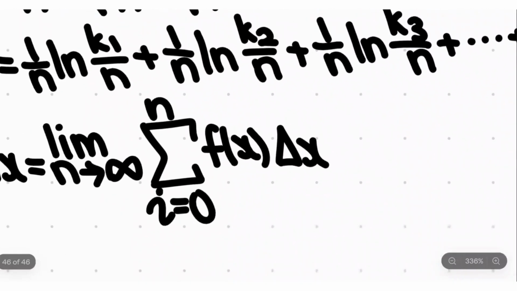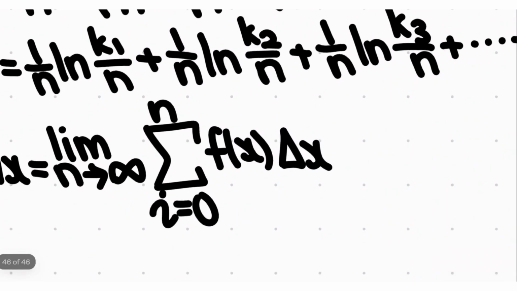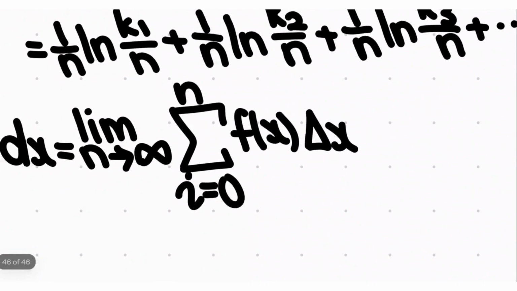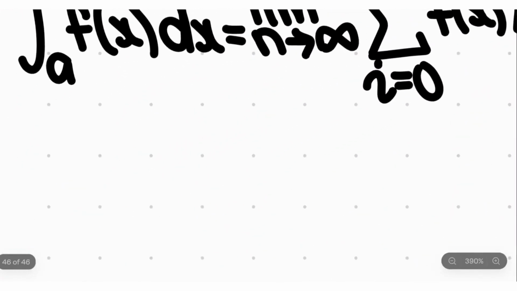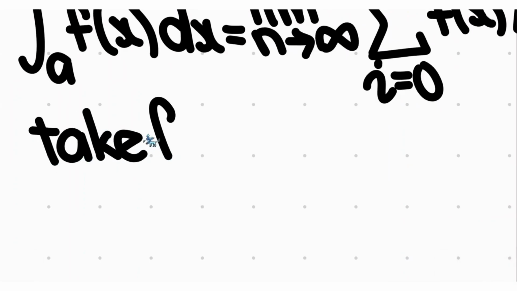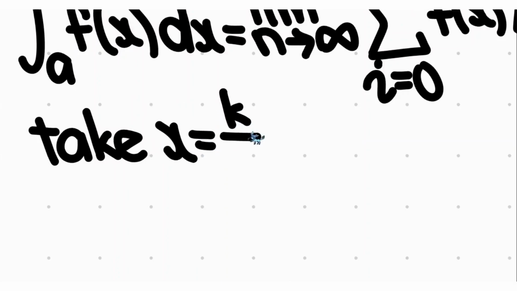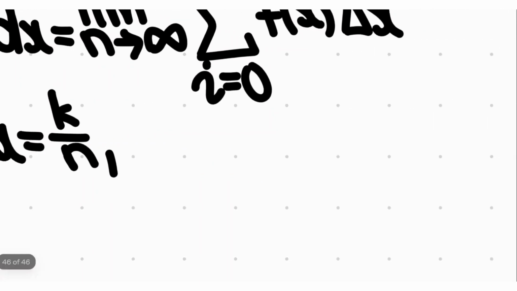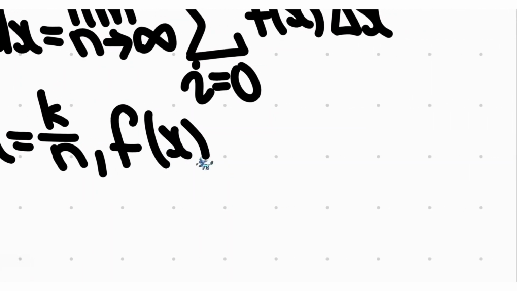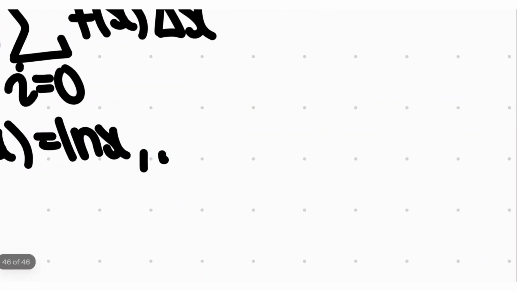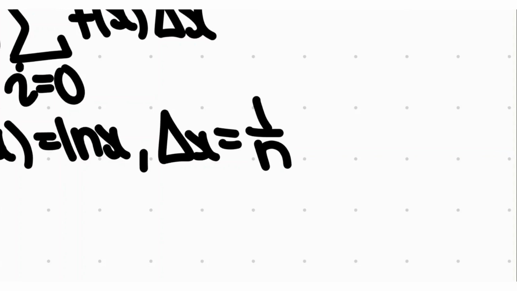So let's try to do that. And what we can actually do to rewrite it as a summation is take x to be equal to k over n, f of x to be equal to the natural log of x, and finally, the change in x to be equal to 1 over n.